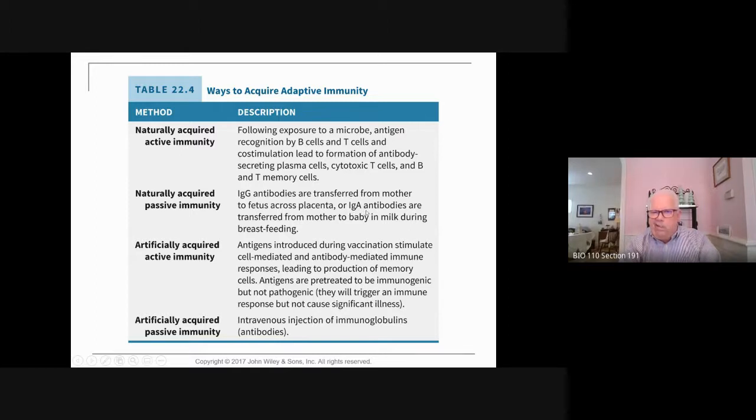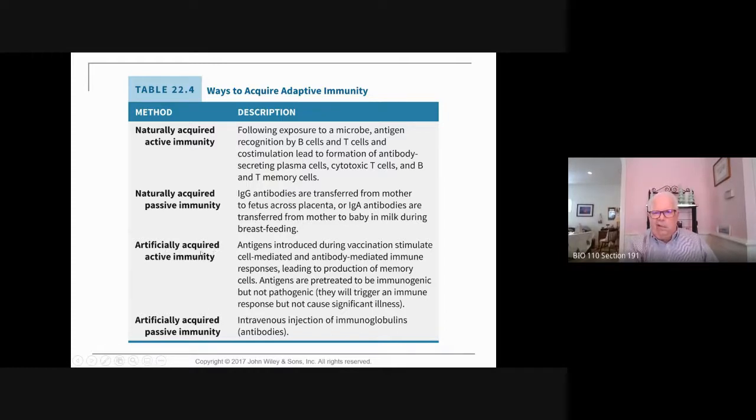The mother has had the measles, the IgA antibodies will also be transferred in the breast milk. She'll get the IgG antibodies through the placenta and IgA antibodies through breastfeeding. All natural. Natural acquired active is when you have the disease. Natural acquired passive is when we give you the antibodies.